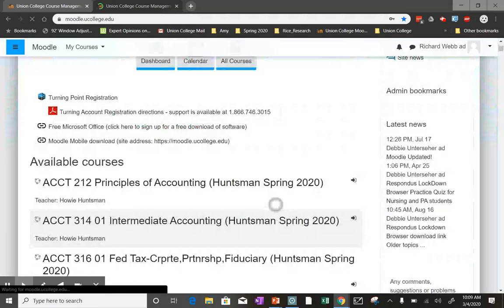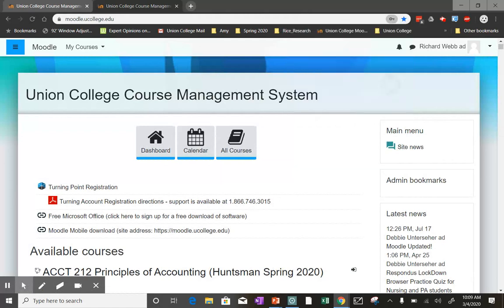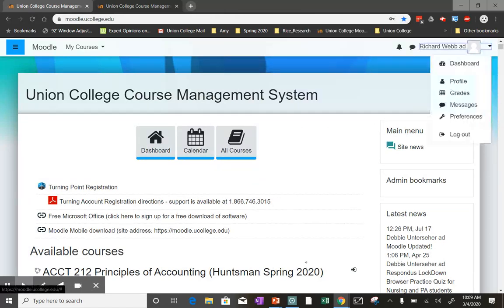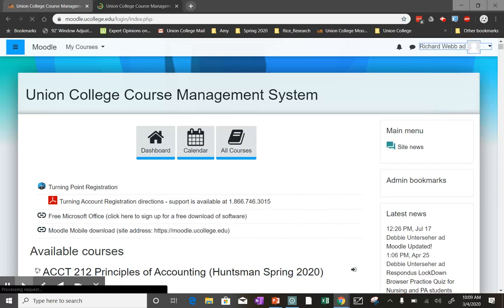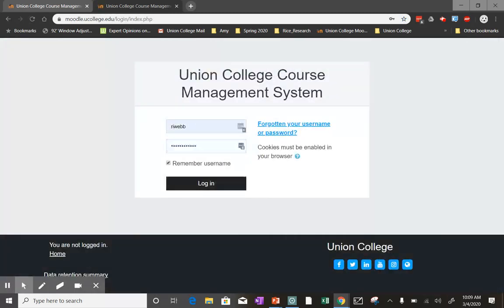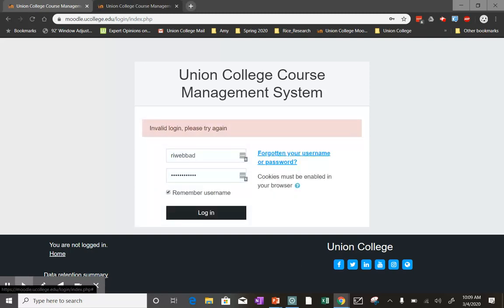It just logged me in with the wrong account. I gotta log out and try to log in with the right account. No, see, it has the right account information. I hit login and then it changed it.